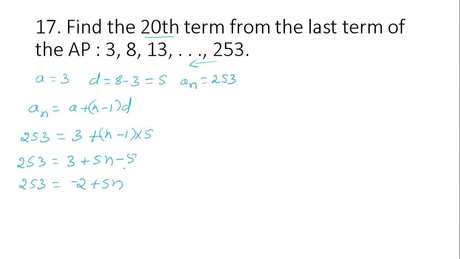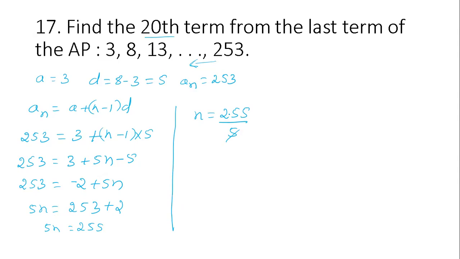Minus 5 plus 3 means minus 2. So 5N is equal to 253 plus 2. 5N is equal to 255. N is equal to 255 divided by 5. N here is 51.